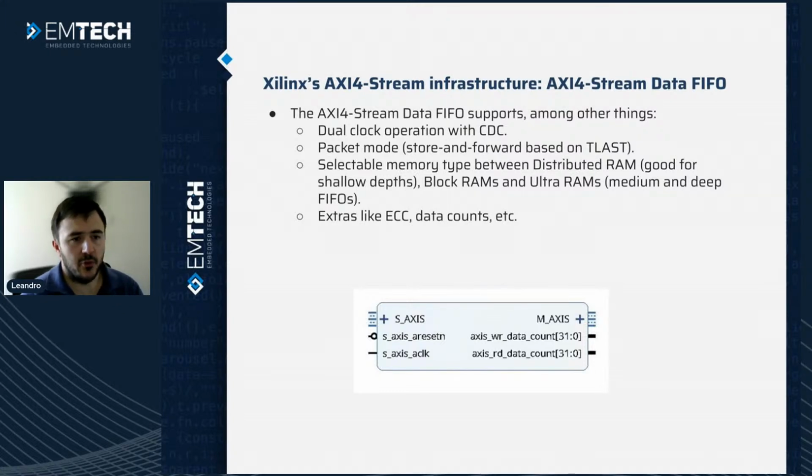The kind of memory it uses is also selectable between distributed and block RAM, and if the device supports it, also UltraRAM. It also has some extras like error control and some data count ports like the ones you see there.